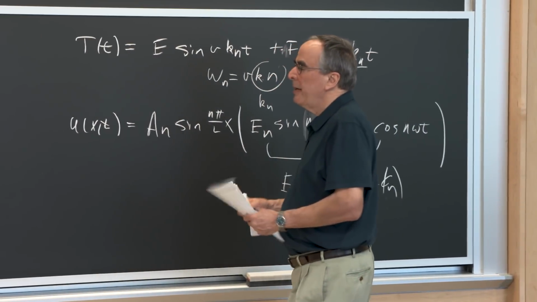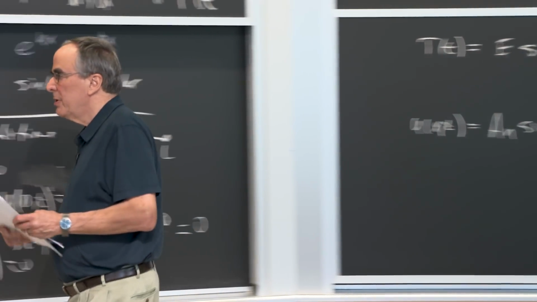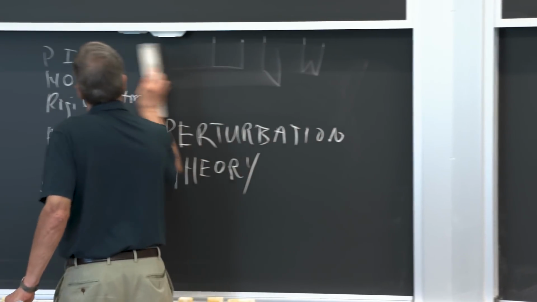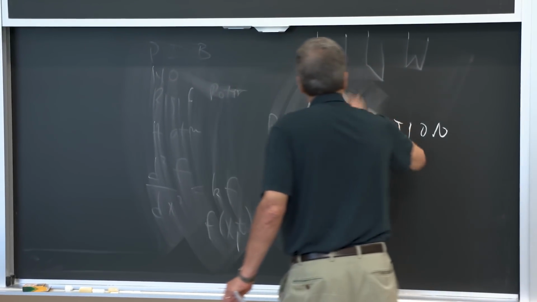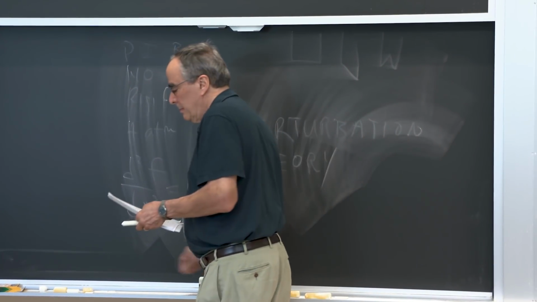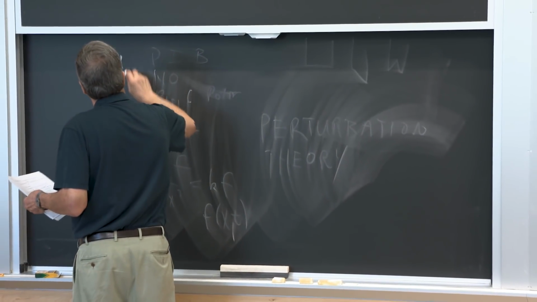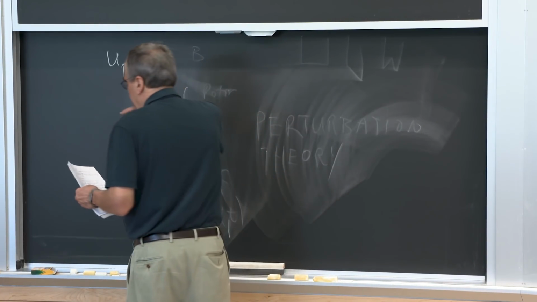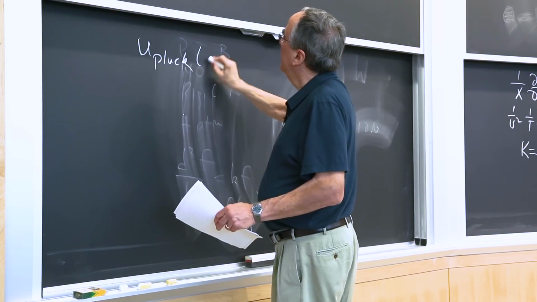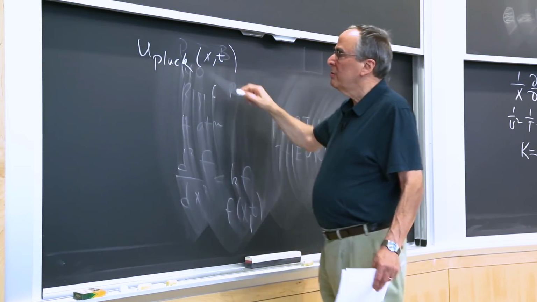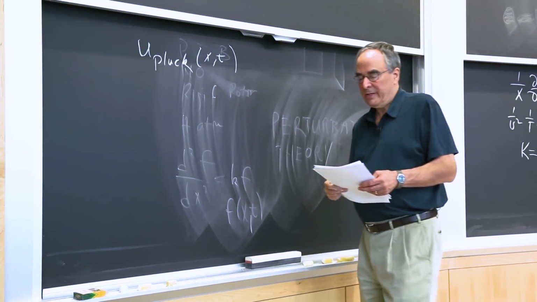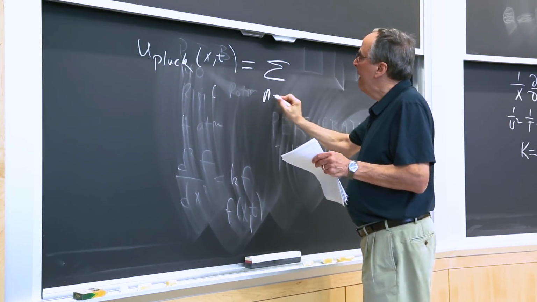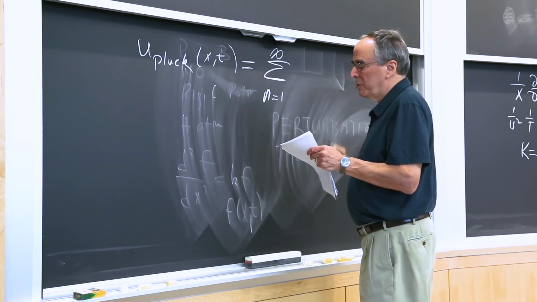Okay, so now we're ready to actually go to the specific thing that you do in a real experiment or a real musical instrument. We say, okay, here is the actual initial condition, the pluck of the system, and the pluck usually occurs at t = 0, but I'll just specify it here. And what we have is now a sum over as many normal modes as you want.